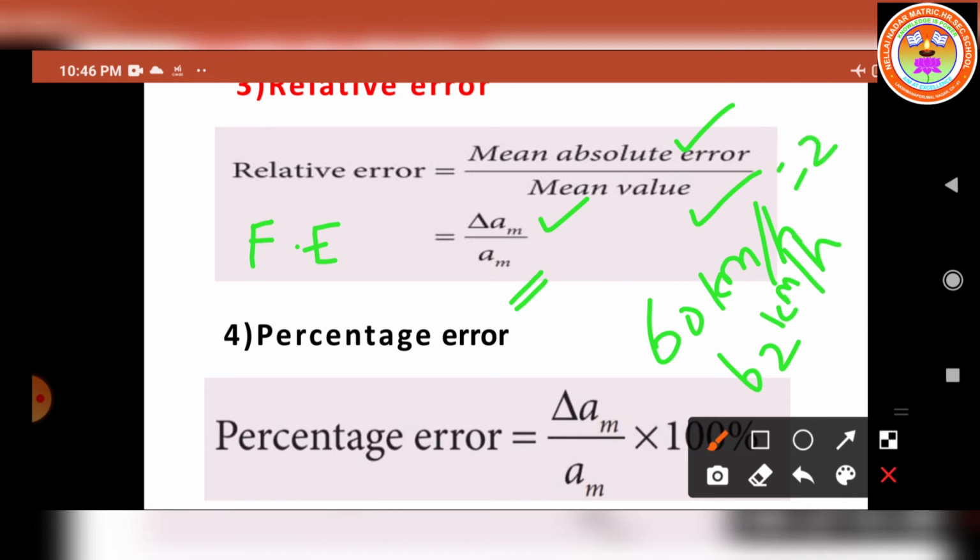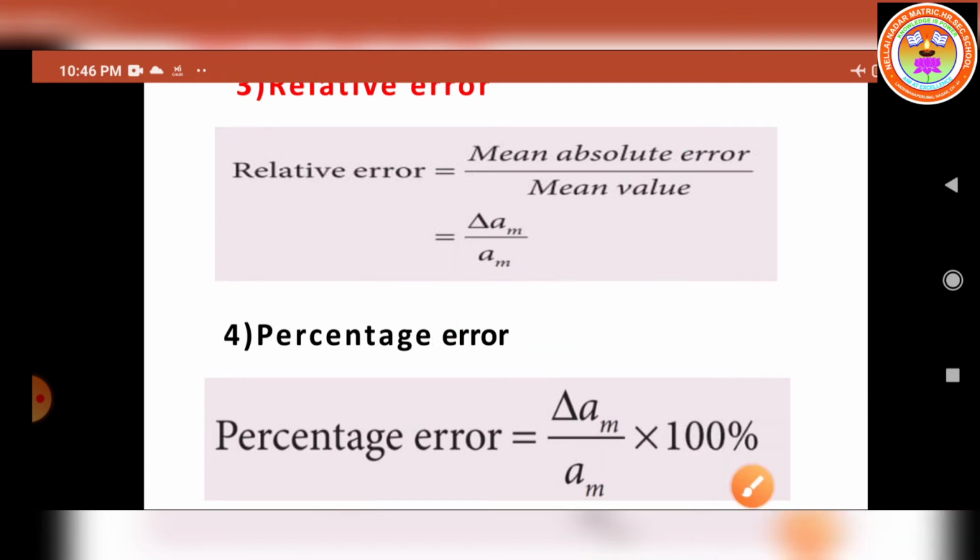The relative error of the measurement is 2 km. This is taken as the mean absolute error divided by the mean value. This is the actual value 60. So we obtain the value 0.033. This is only taken as what? Relative error. It is a comparison between the mean absolute error and the mean value.